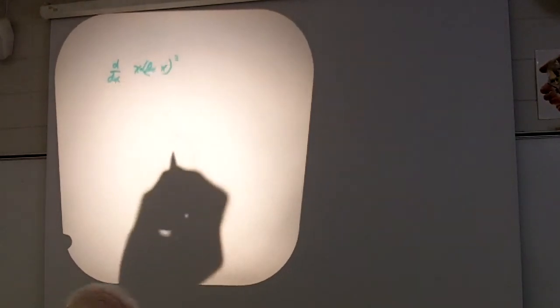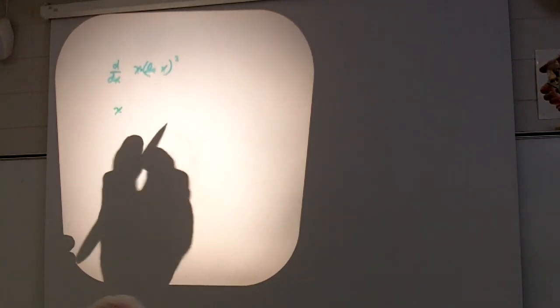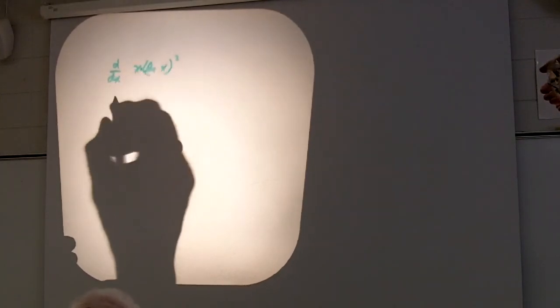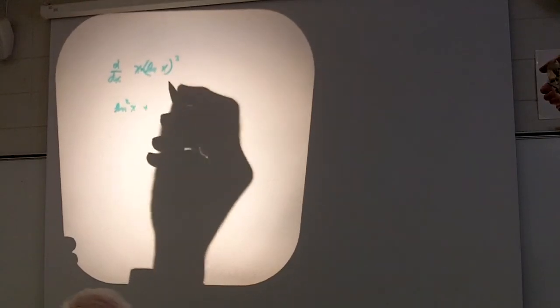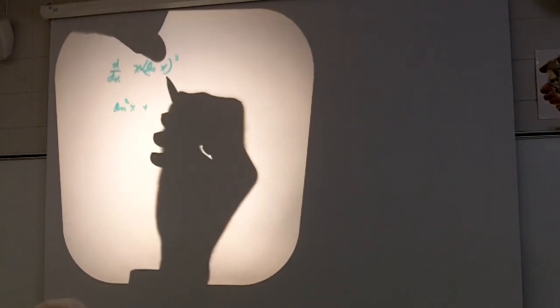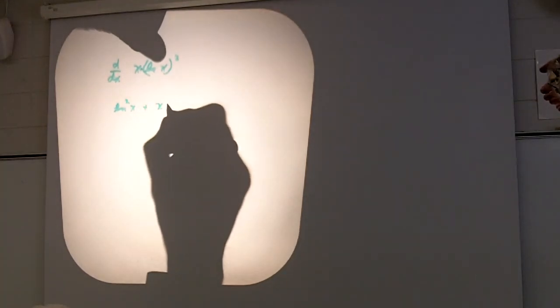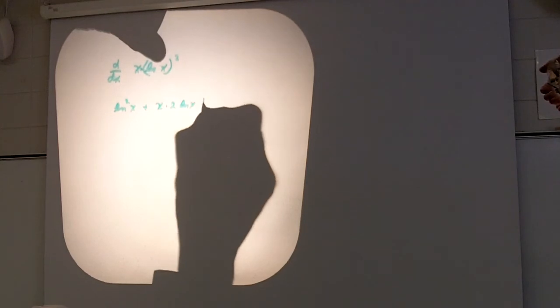This is a product rule. Okay? First, let me go the other way first. The derivative of this times this. This is easier, and I'll put that. Okay, that's first. Plus. Now, what's the derivative of that? It's going to be x times, what's this derivative? 1 over x. 2 ln of x, 1 over x.